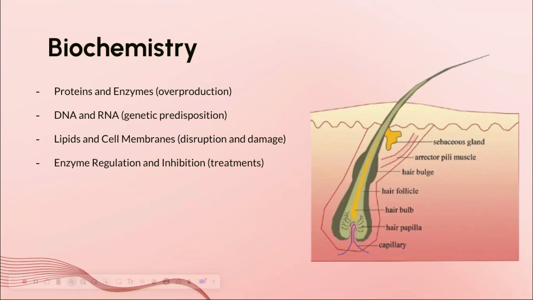pathology. And surrounding DNA and RNA, DNA holds the genetic blueprint, while RNA helps produce proteins via transcription and translation. Genetic predisposition plays a significant role in alopecia areata, and research into microRNAs, which are small non-coding RNAs, shows they regulate gene expression involved in hair follicle health and immune responses.